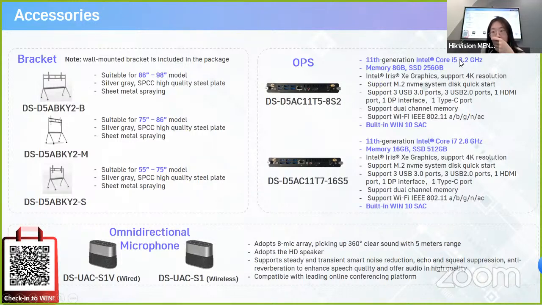The first is Core i5, 11th generation, 8 gigabytes memory and 256 gigabytes SSD. The second is Core i7, 11th generation, 16 gigabytes memory, and 512 gigabytes SSD. So we have these two types, with different cores, i5 and i7, and also different memory and SSD.